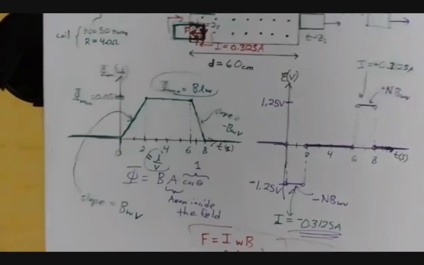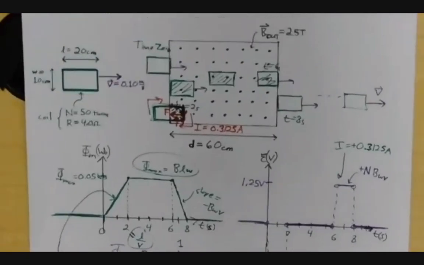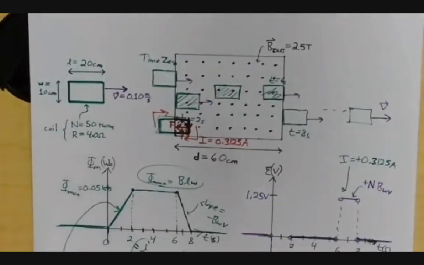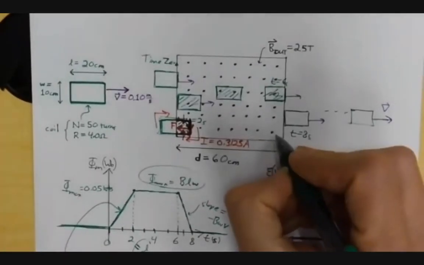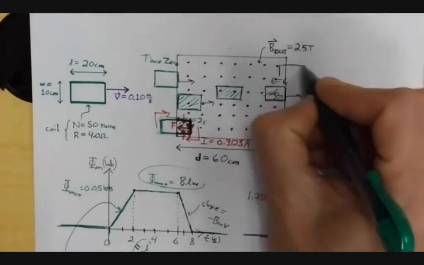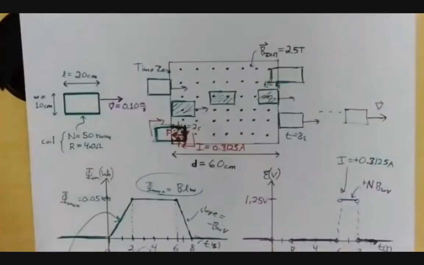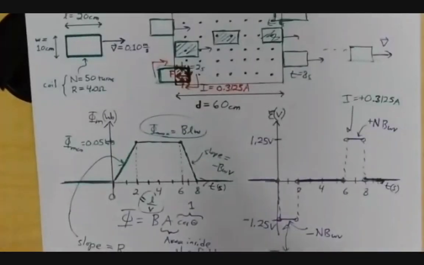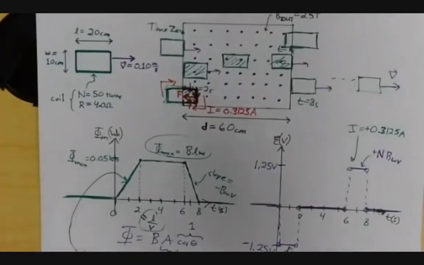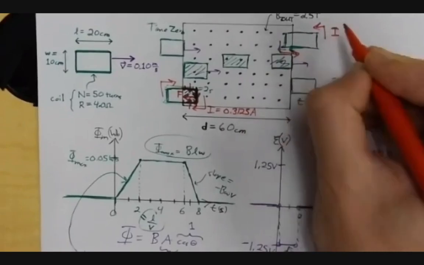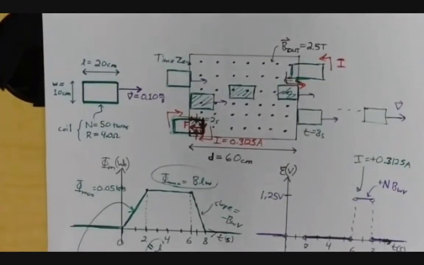What's the force while you're exiting? What's the force when we're part way out of the field? Well, now the current is not clockwise. Now the current is counterclockwise, flowing this way. And what direction is that force going to be?